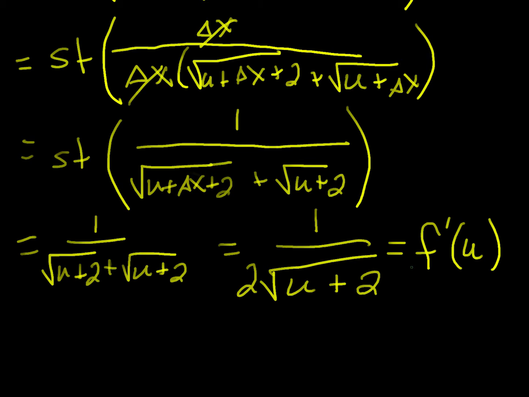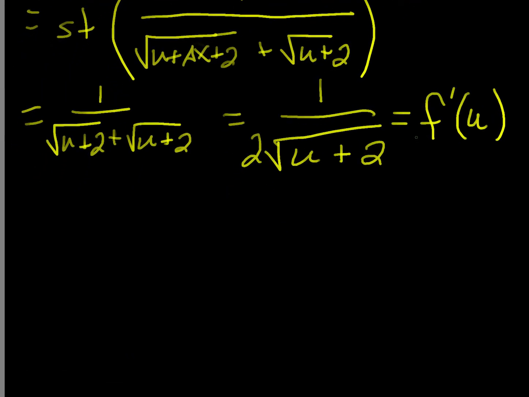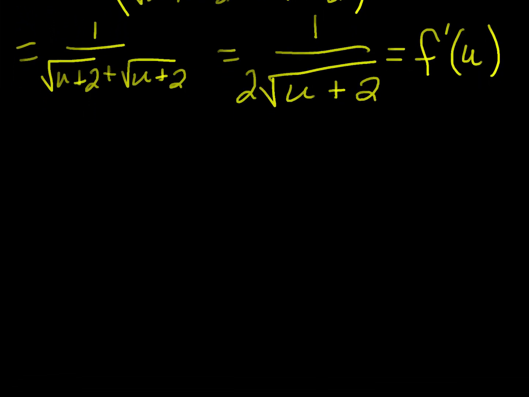And so now we can figure out at any point where it's defined what the slope is. Remember our original function is f of u equal to the square root of u plus 2. So we take anything in our domain here.